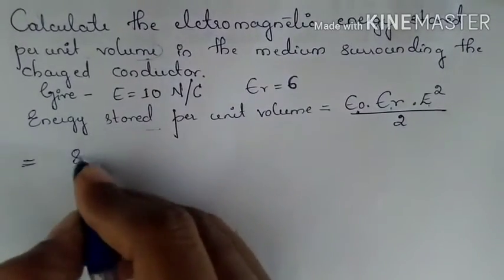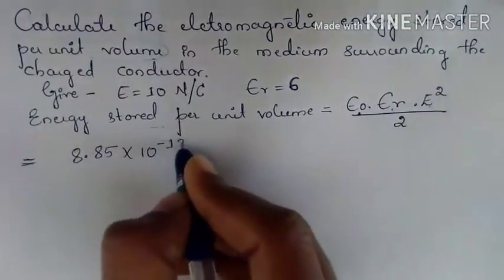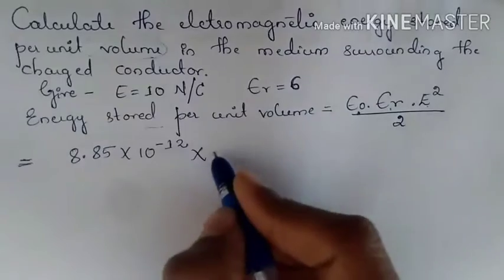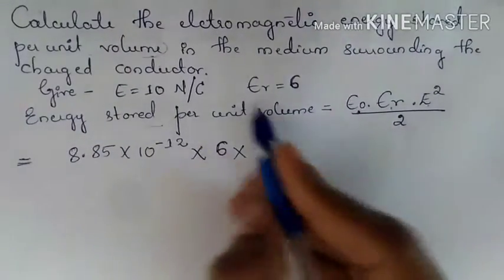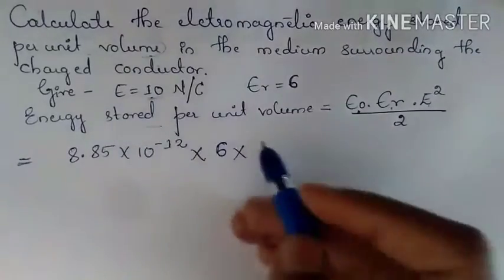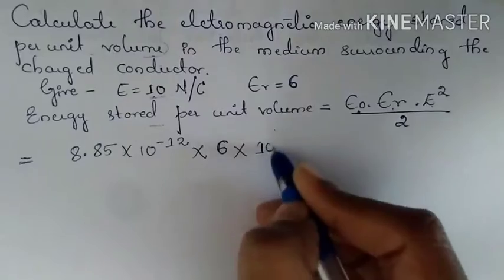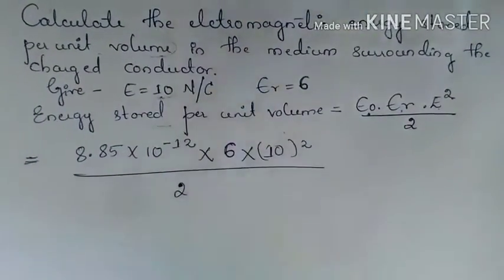Epsilon naught is 8.85 into 10 power minus 12 and here we have 6 as epsilon r and E we know it as 10 nanocoulomb. So there's E square here, so 10 square, divided by 2.